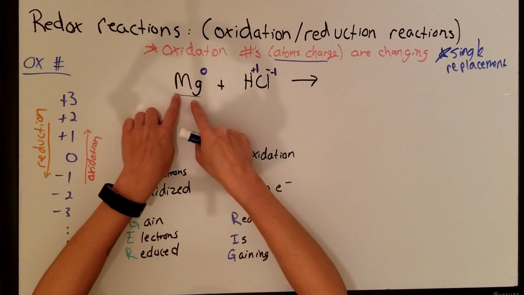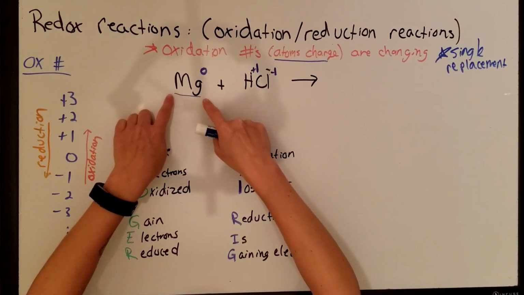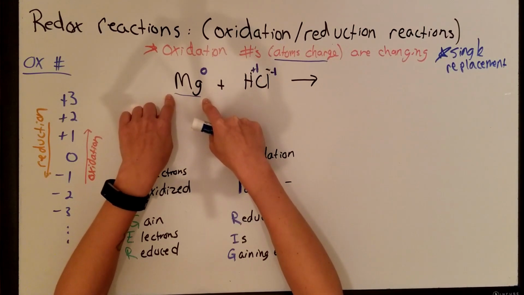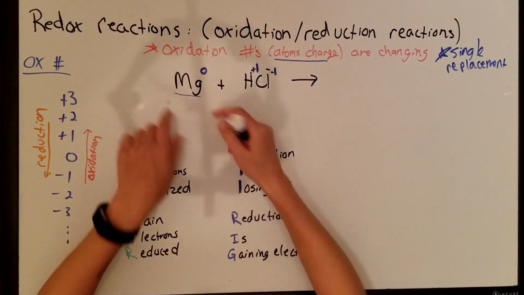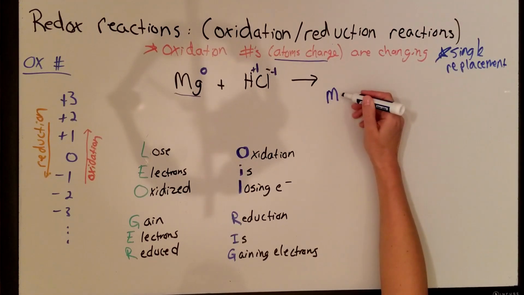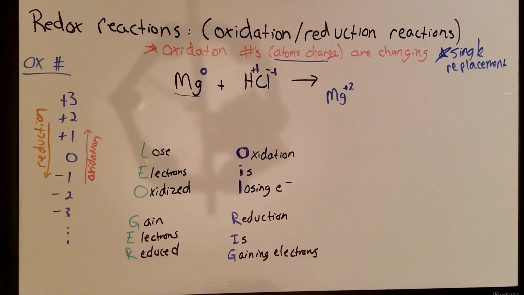But we know that magnesium is going to be in a compound on the product side. So when you look at magnesium on the periodic table, when it's in a compound, what is its charge? So I'm going to write that over here. Magnesium over here, it's going to be with a compound. And the charge on magnesium, when it's not by itself, is a +2 because it's an alkaline earth metal in period 2.